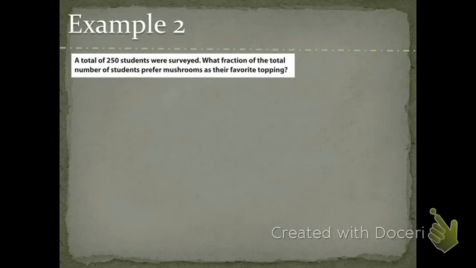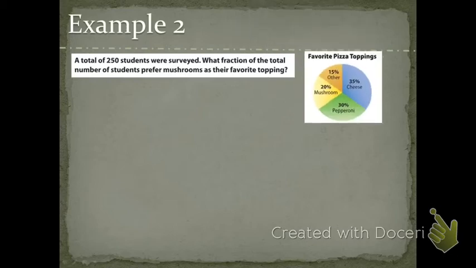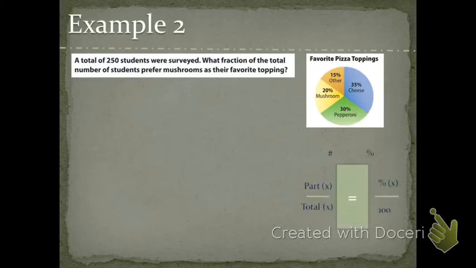Okay, example 2, a total number of 250 students were surveyed. What fraction of the total number of students preferred mushroom as their favorite topping? Okay, so we're using the same circle graph. Okay, so now we're trying to look for mushroom. So we have 20% for mushroom. Okay, so 20% to our 100.